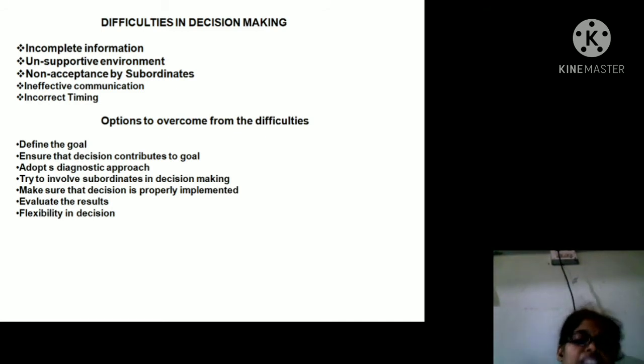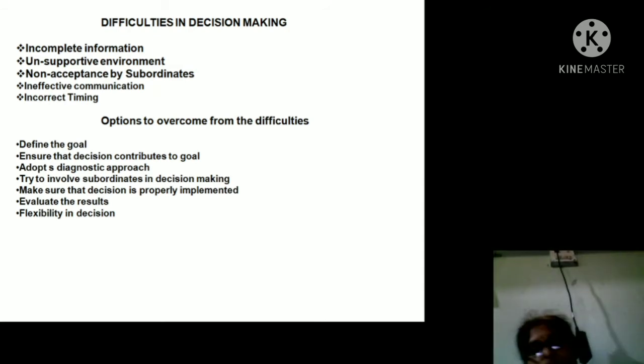And there must be flexibility in decision making. Whatever decision has been made, considering the situation, the time, or the demand of the work, that decision must be flexible. It should be easy to change at the time. So these are the options to overcome the difficulty.